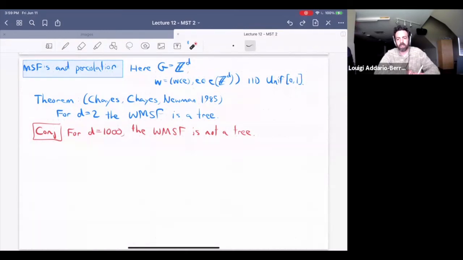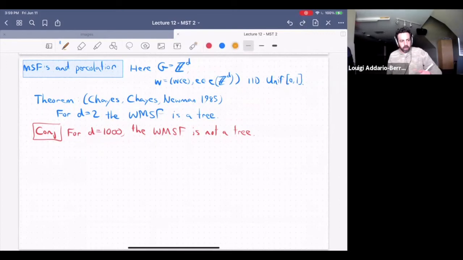But there's just some lack of tools for the time being to even tackle ridiculously high dimensions. So if you have any ideas that can do this for d equals 1,000 or 1,000,000 or anything, that would certainly be very interesting.